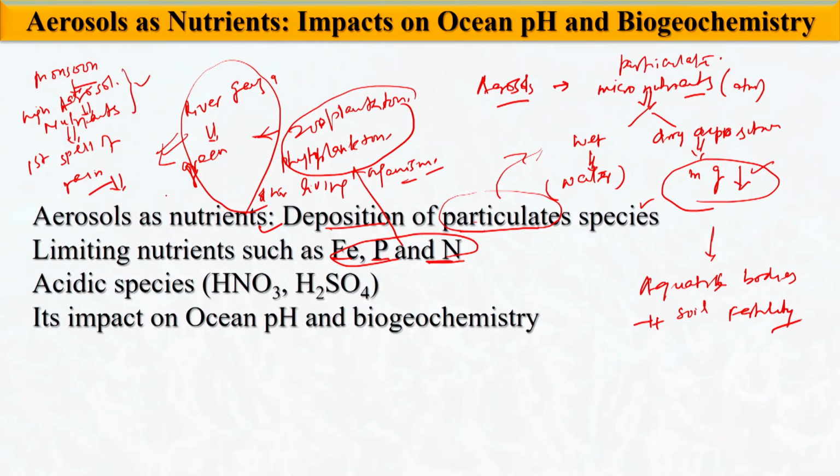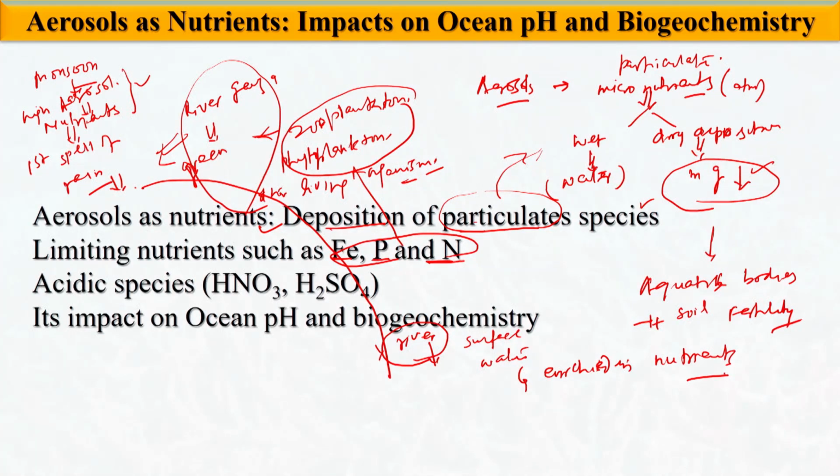And if the rain is sufficient that it can be transported into the river, this river water, that is surface water, will be enriched in these nutrients. Okay, and when it is enriched in these nutrients, the river's biogeochemistry will change.